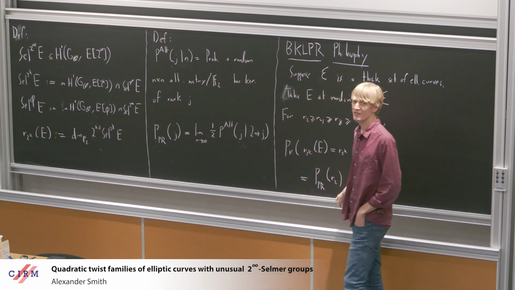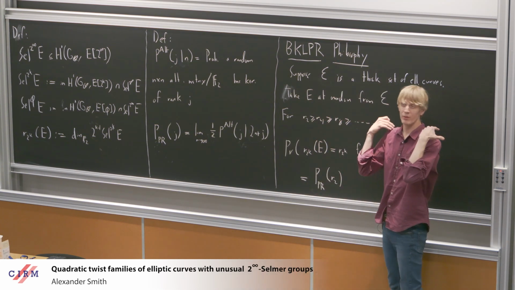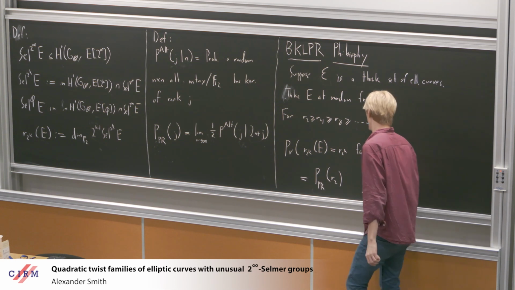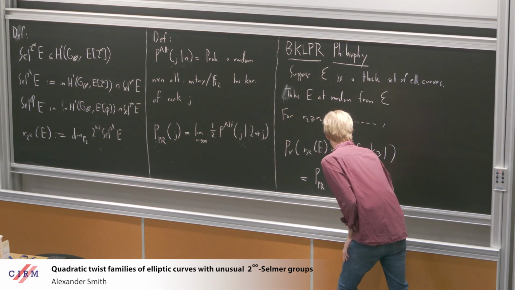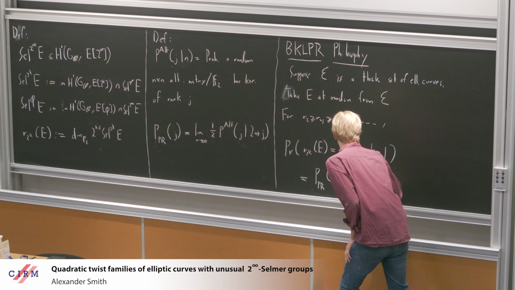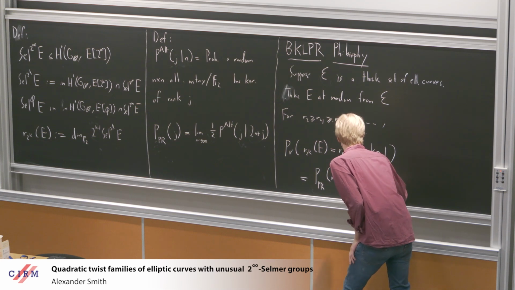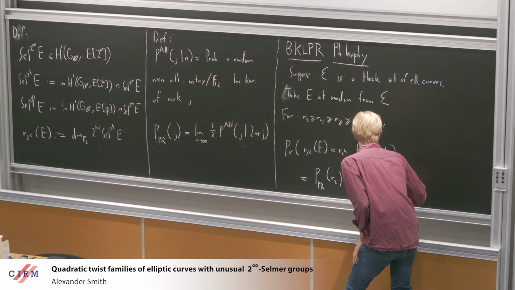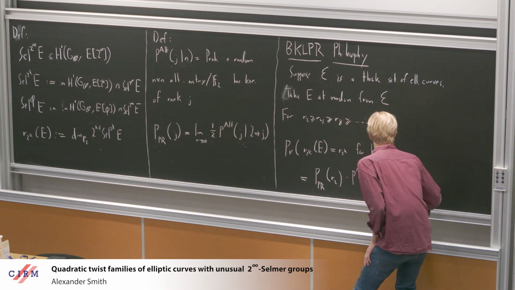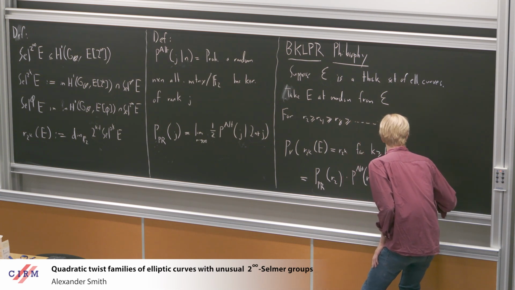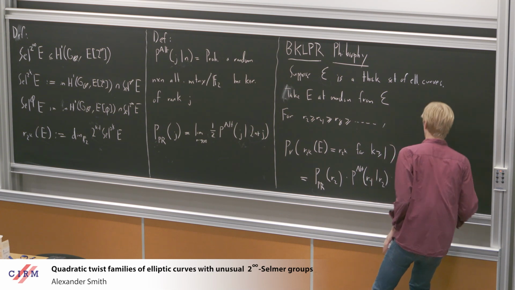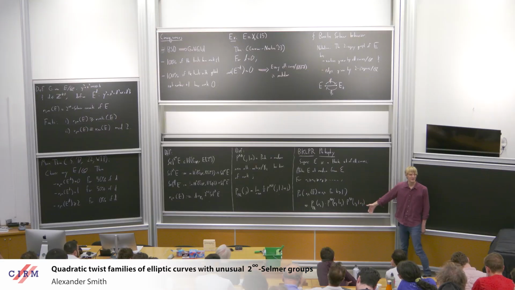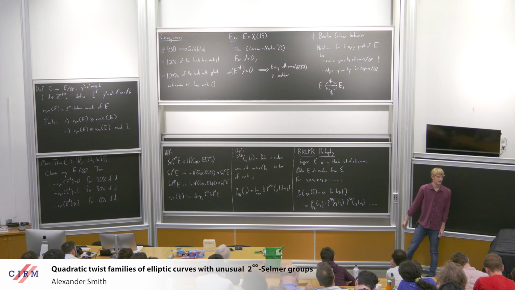So the 2-Selmer rank has behavior as given by Poonen and Rains. And then for the higher probabilities, we just have P_alt: P_alt of R_4 given R_2, P_alt of R_8 given R_4, et cetera. So we have this sort of Markov behavior for how the 2^k Selmer ranks behave.